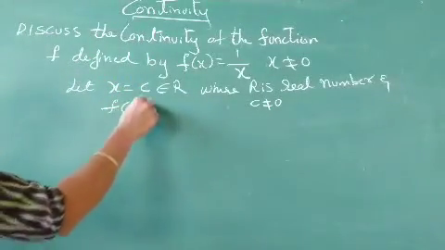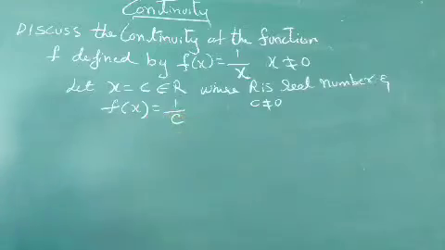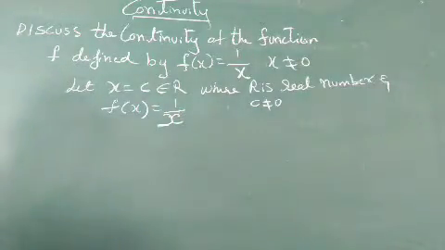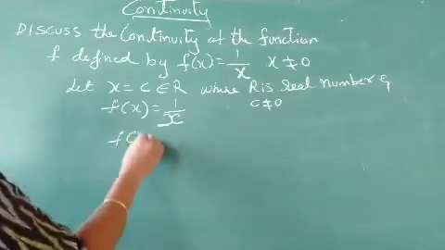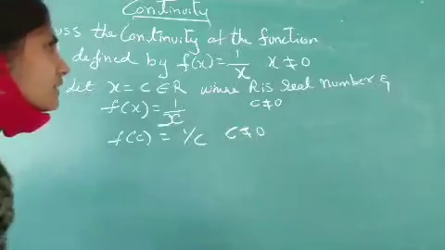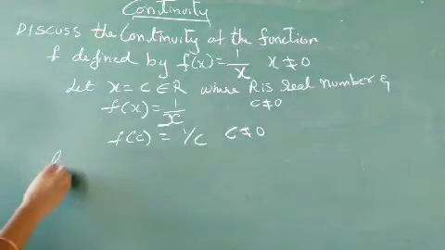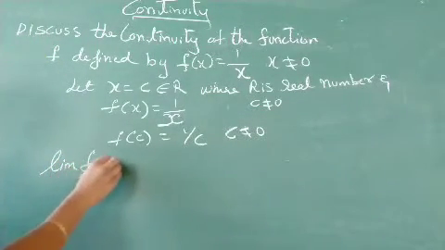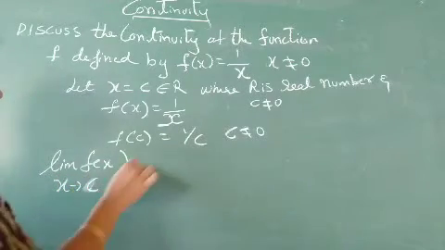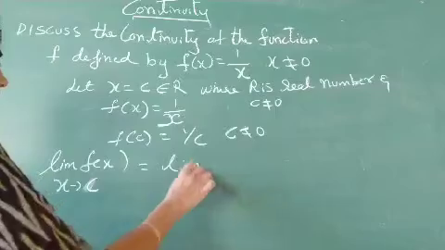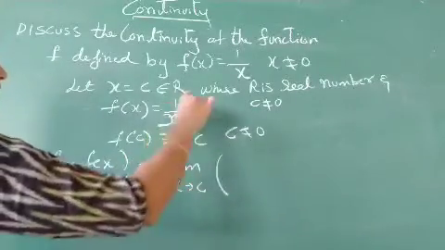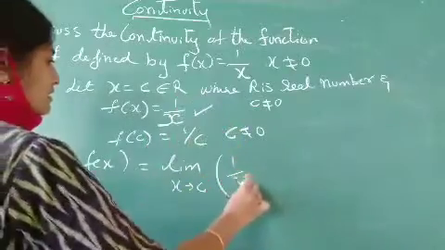So f of x equals 1 by x. So f of c equals 1 by c, where c is not equal to 0. So the limit of f of x as x tends to c is equal to limit x tends to c of 1 by x.